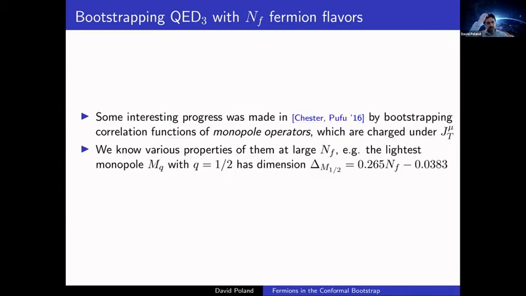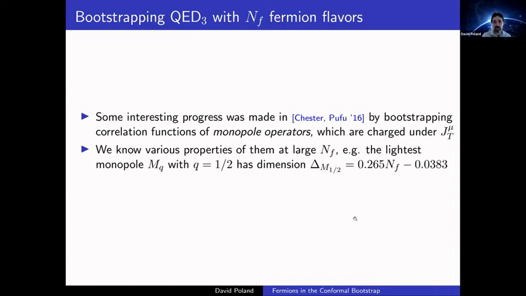There was some progress in the Bootstrap in work by Chester and Pufu about 5 years ago, which looked at monopole operators in QED. And we know something about the monopole operators at large n. So for example, the leading monopole, which has charge 1/2, has a scaling dimension which scales linearly with n.